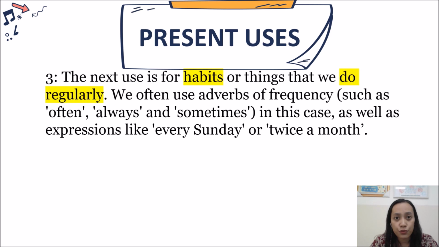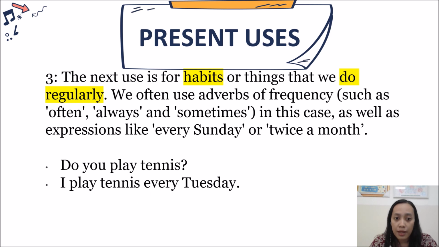The next use is for habits or things that we do regularly. We often use adverbs of frequency such as often, always, and sometimes in this case, as well as expressions like every Sunday or twice a month. For example, do you play tennis? I play tennis every Tuesday, or I don't travel very often.